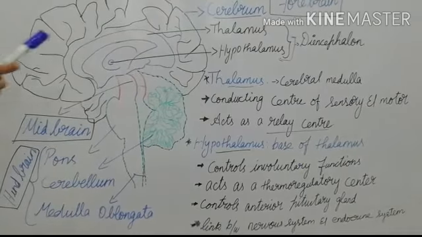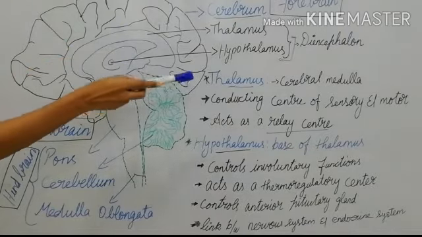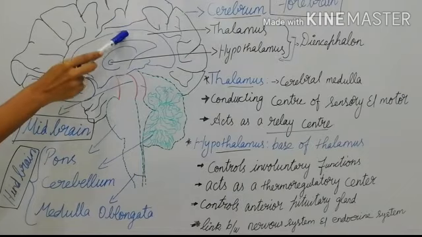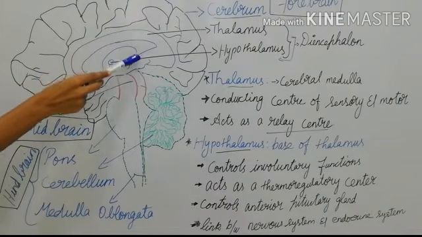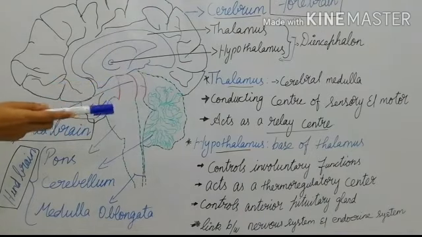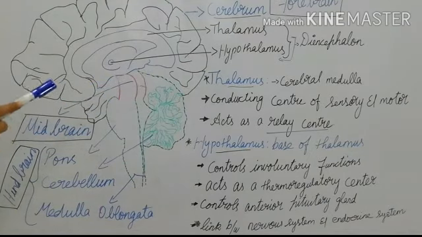And the next part of the forebrain is the thalamus, and this thalamus is placed in the cerebral medulla, that is inside the cerebral cortex, and is the conducting center of sensory and motor signaling. We studied this in types of neuron based on function.